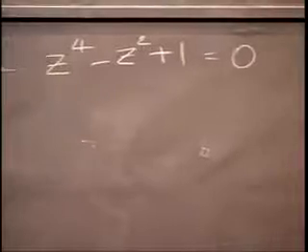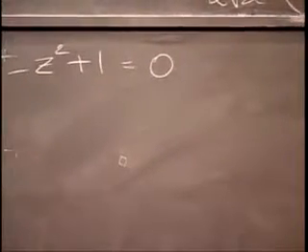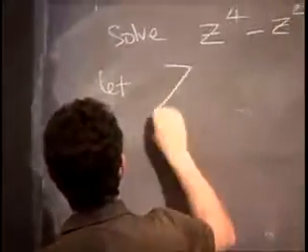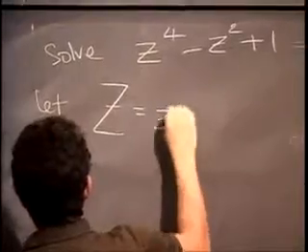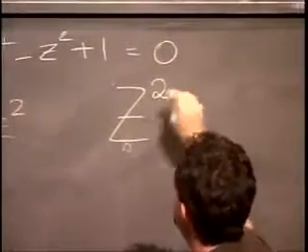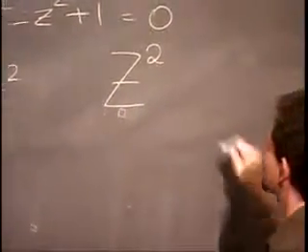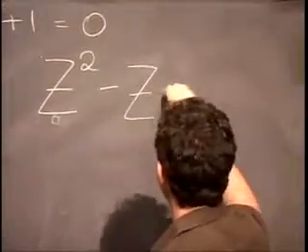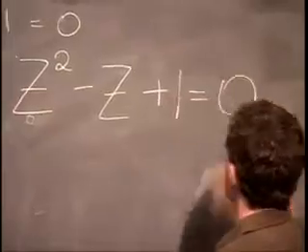Well, how do I do this? The first thing to note is that it's a quartic, which is sort of difficult. However, it's really a quadratic, because you can write capital Z is little z squared. And so this equation becomes capital Z squared, since little z to the fourth is capital Z squared, minus capital Z plus 1 equals 0.